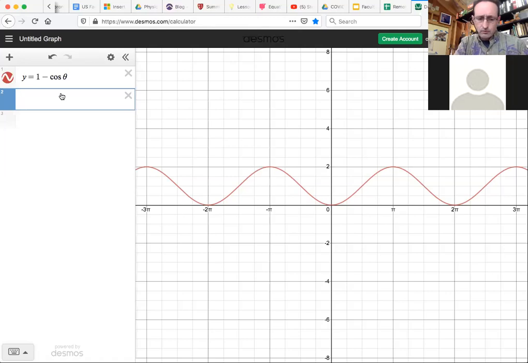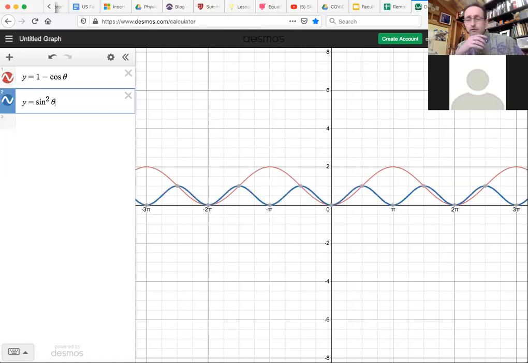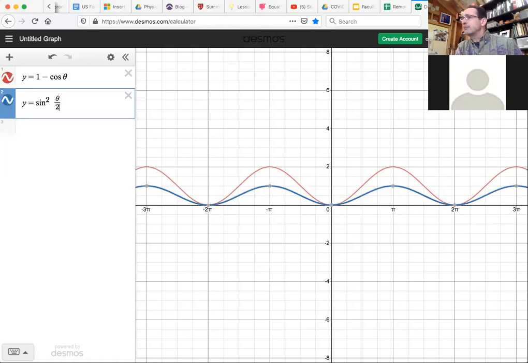So I'm going to type in y equals sine squared theta. Cool. That already looks a lot better, right? We've got it going up in both directions. It looks like our period is too fast, so we're going to have to slow it down. Let's put a space in here and say theta over 2. There we go, and the period looks about right now. But it's still not a high enough amplitude, so we need to multiply this by 2. Let's put 2 in front of all that, and that looks like a perfect fit.